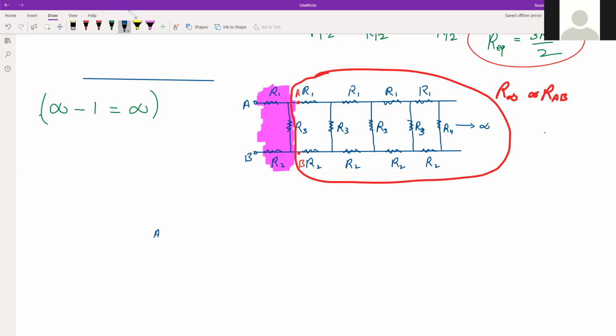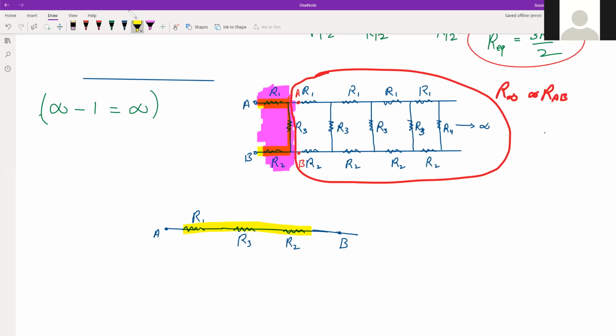There is a point A, there is a resistance R1 here, then there is a resistance R3, and from R3 there is R2, and then we reach B. So this is A, this is B. That is, A, R1, this is the section I'm talking about, and then from R1 to R3, and then R3 to R2.